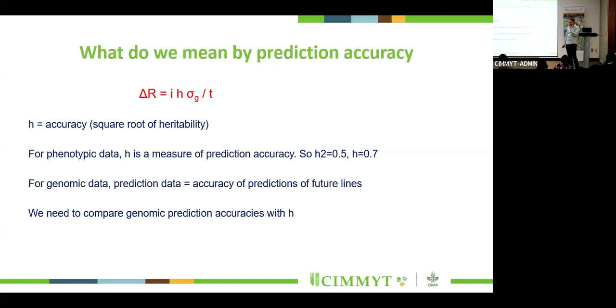Otherwise, it's trait dependent. Some traits are low heritability. The key metric is whether you can do as well or better with genomic prediction, comparing the genomic to the phenotypic. I wouldn't put an absolute value, well, I actually would when I'm analyzing trials: I'll put 0.15. But it really depends on the trait and how difficult it is to measure.